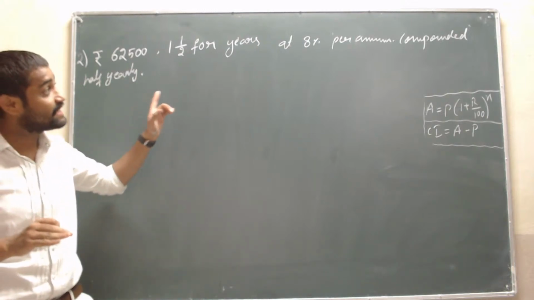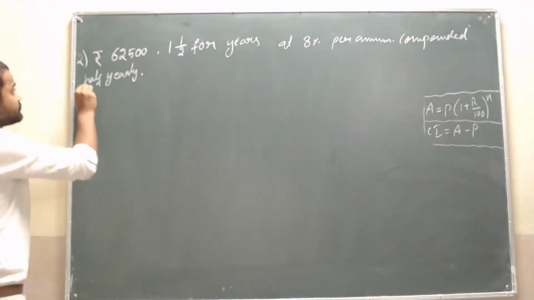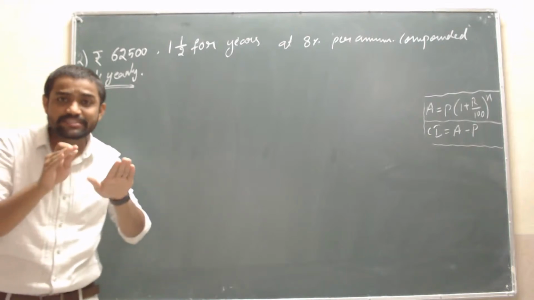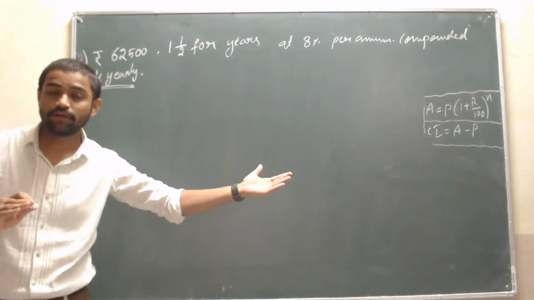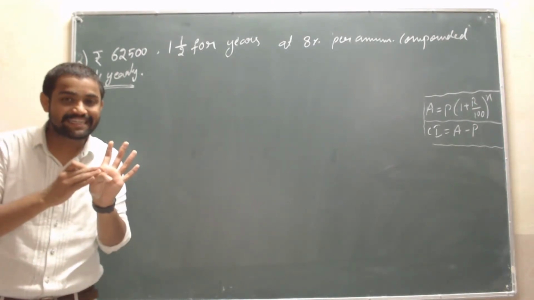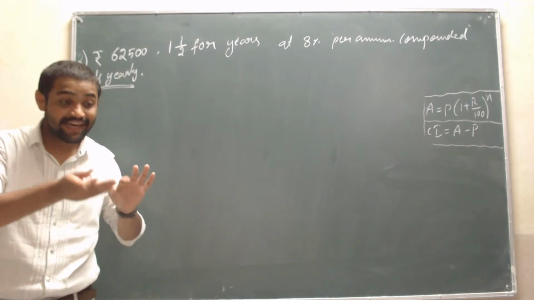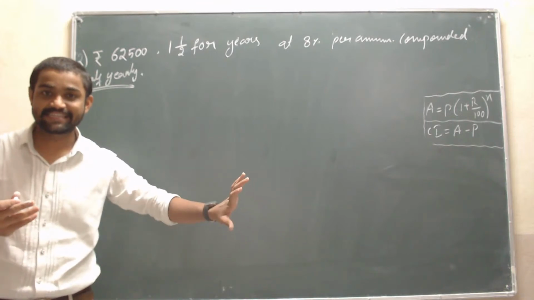See here, 8% per annum compounded half yearly, I mean, that is for 6 months. It is compounded for 6 months, and the previous example is compounded annually. This is most important. Annual compounding and half yearly, meaning every 6 months we must pay, like that he has given.